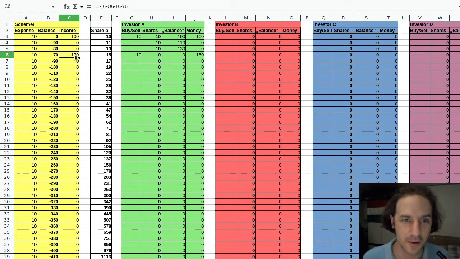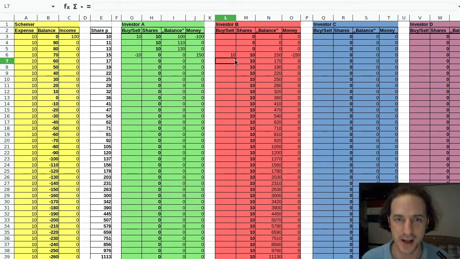So after 3 months, our schemer has already accrued some expenses, and they also have to pay out the principal and the 50 units of currency worth of interest to their first investor. So what can they do? They have to at least be able to sell these 10 shares to the next investor to get this 150 back.